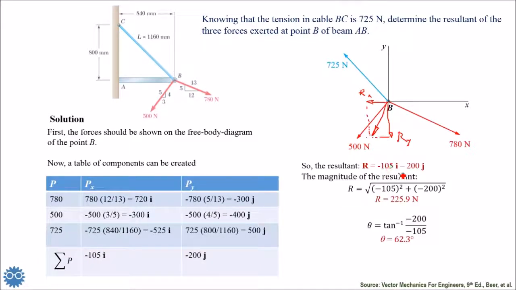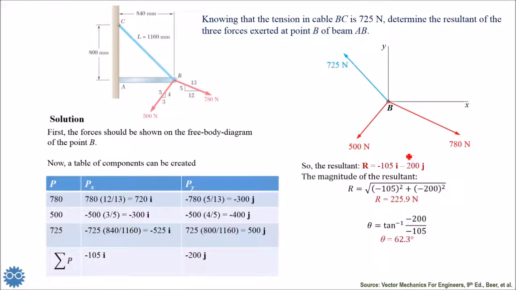So by using the components you can get the direction. This is number one, the simplest method if you have the two components of the given or the resultant.